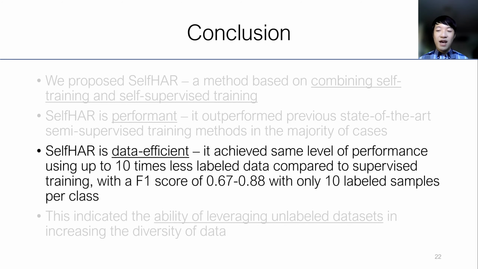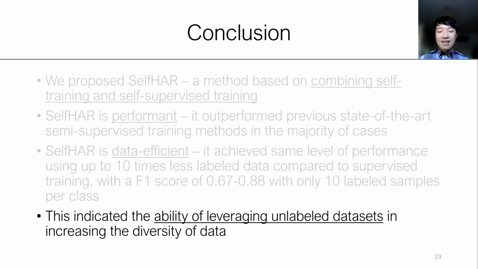We've also shown that SelfHAR is data efficient, where it achieved the same level of performance using up to 10 times less labeled data compared to supervised training, with an F1 score of between 0.67 and 0.88, with only 10 labeled samples per class. This indicates the ability of leveraging an unlabeled dataset in increasing the diversity of data.